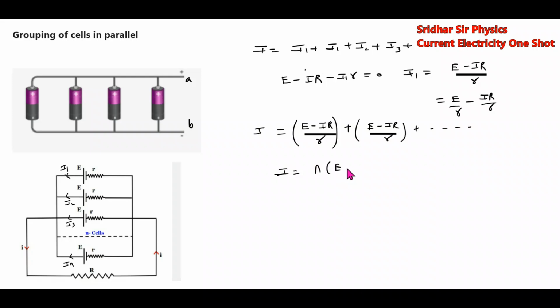This will be Ne IR. Ne by small r. So I is equal to Ne by R plus Nr, or E by R plus Nr. Okay, this is the expression for the current through the external resistor R, if the cells are in parallel.